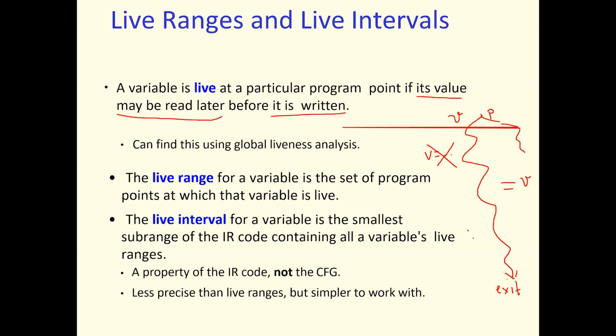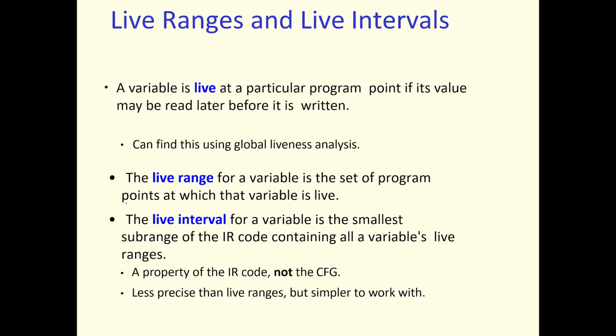So I can have a writing here, that's allowed after it is read. In a way, if I stand here and look down this path, I should see a V being read. This writing blocks my vision.